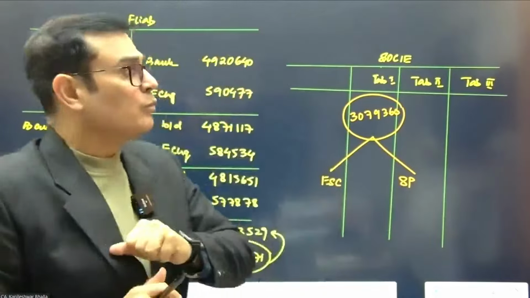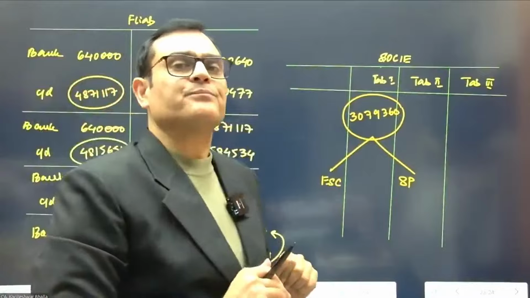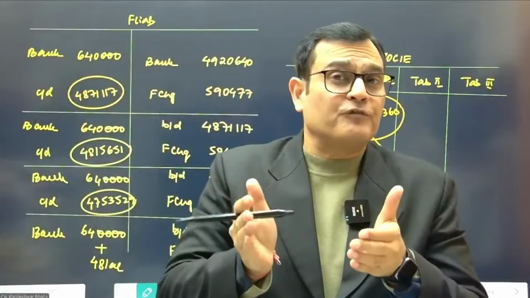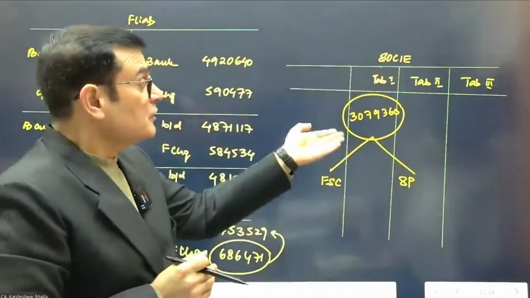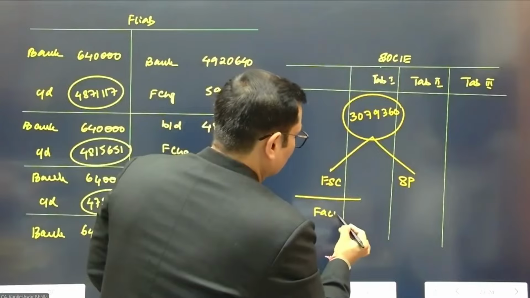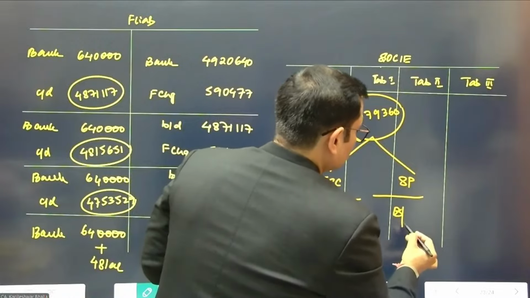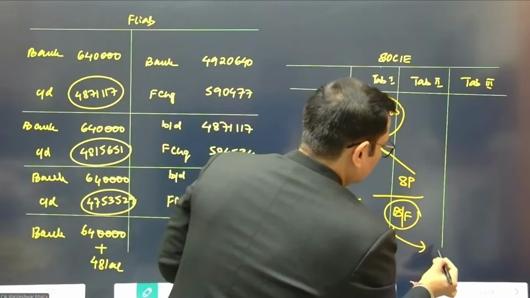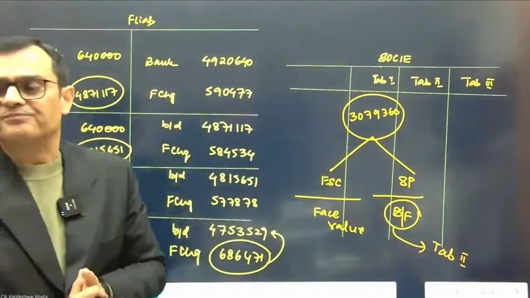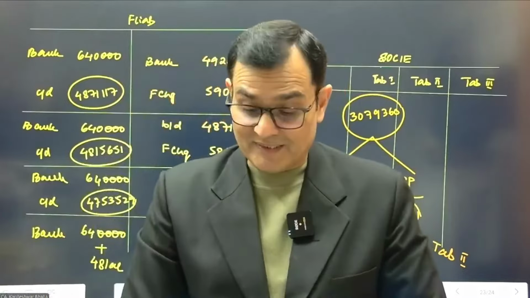But in this case, when you took the financial liability, it contains only 50% of the money. That means the remaining 50% is going to be paid in shares. So you'll split the face value out here in terms of the equity share capital, and this is the balancing figure. So this is the only money which will go in tab number 2 on the date of issue of shares. I hope, friends, now you get a complete clarity of thoughts.